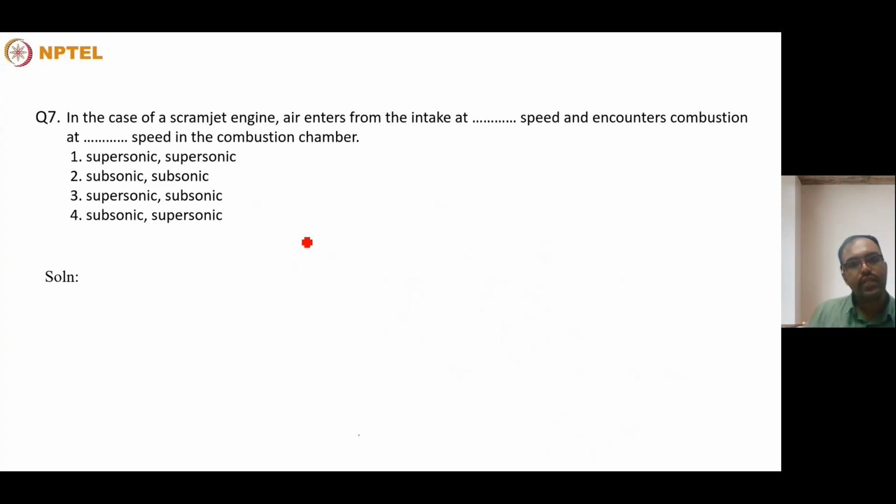In the case of a scramjet engine, air enters from the intake at dash speed and encounters combustion at dash speed in the combustion chamber.